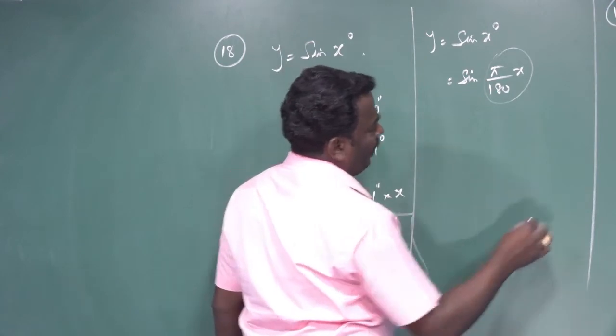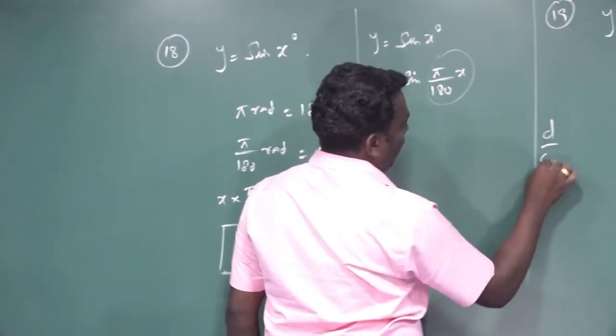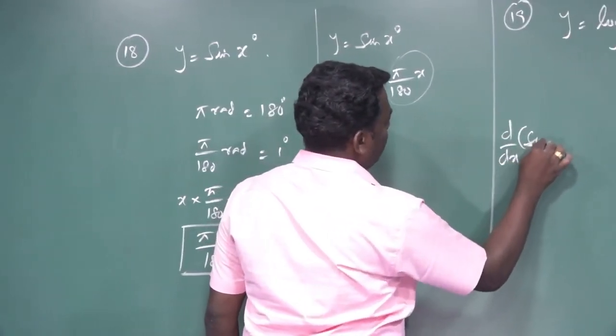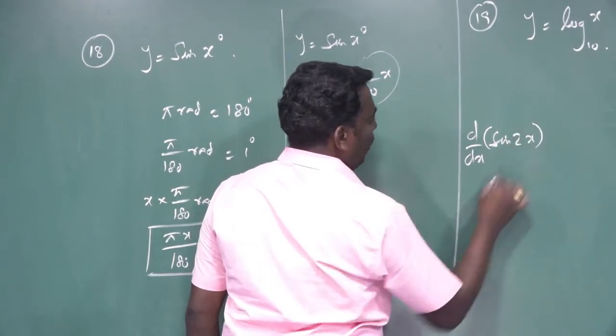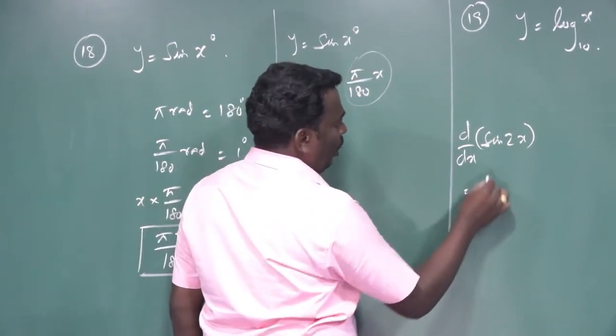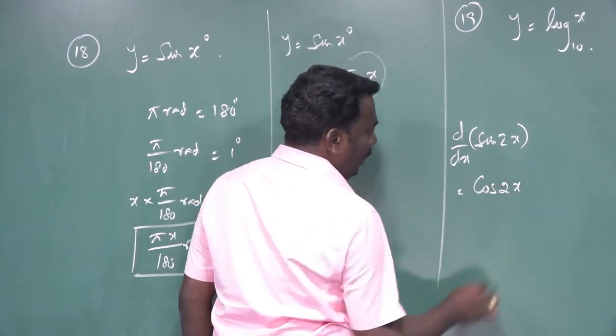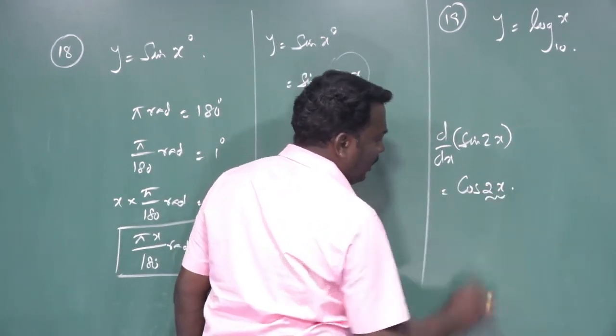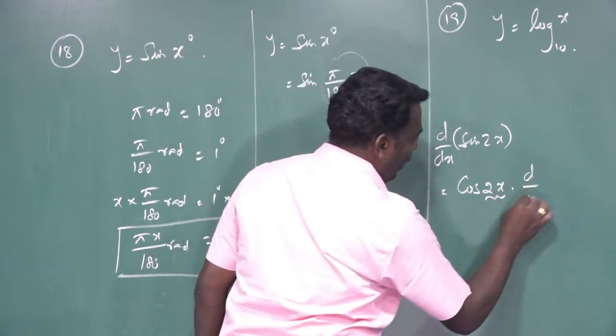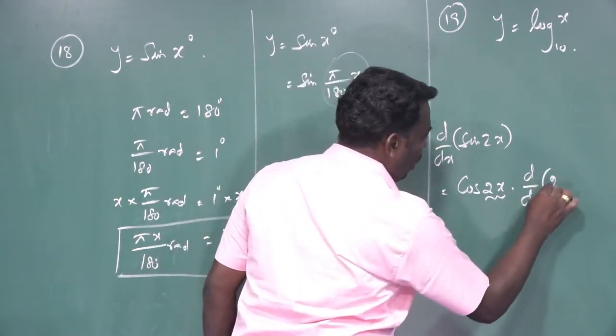Applying differentiation, d by dx of sin 2x: sin becomes cos, so cos 2x into, again we have to differentiate the term 2x, d by dx of 2x.